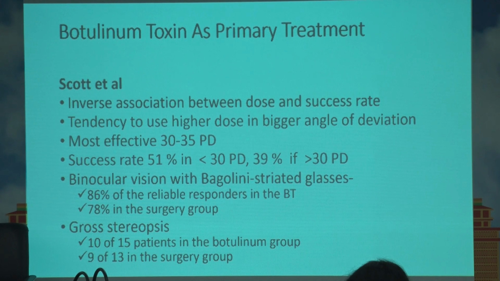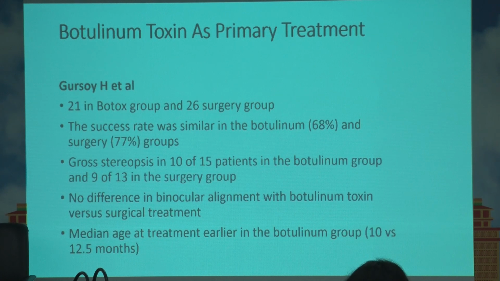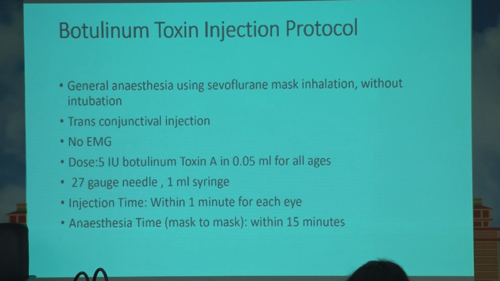But there was a good gain in binocular vision, tested using Bagolini striated glasses, as well as an improvement in gross stereopsis in the botulinum group compared with the surgical group. Again, in another study, they did not find any significant difference in the binocularity attained in the botulinum group versus the surgical treatment group, and the median age of treatment was earlier in the Botox group.